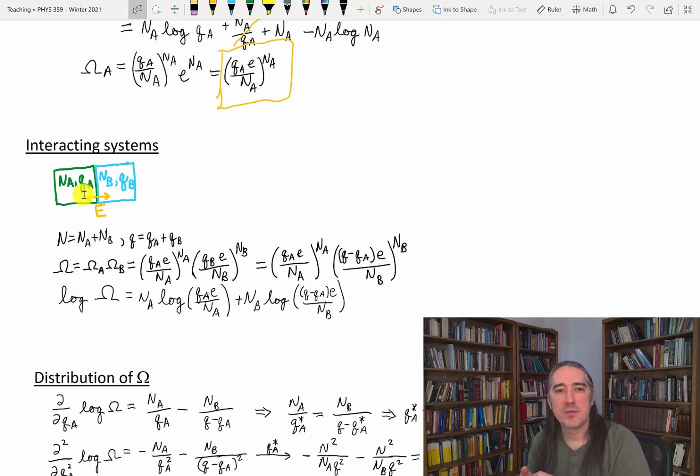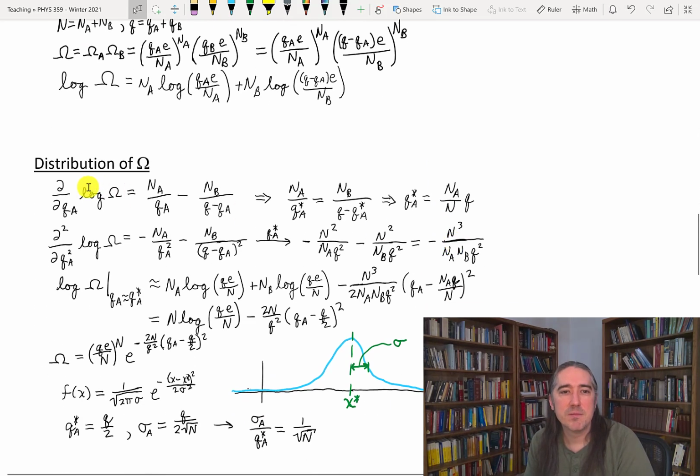You can imagine if all the excitations are in one side or the other, so if QA is 0 or Q, there should be fewer possible microscopic states. It just sort of makes sense, right? There's less places to distribute them if they're stuck on one side. But we'd like to go from just that qualitative understanding to something quantitative. And that's what we're going to do here with looking at the distribution of omega.